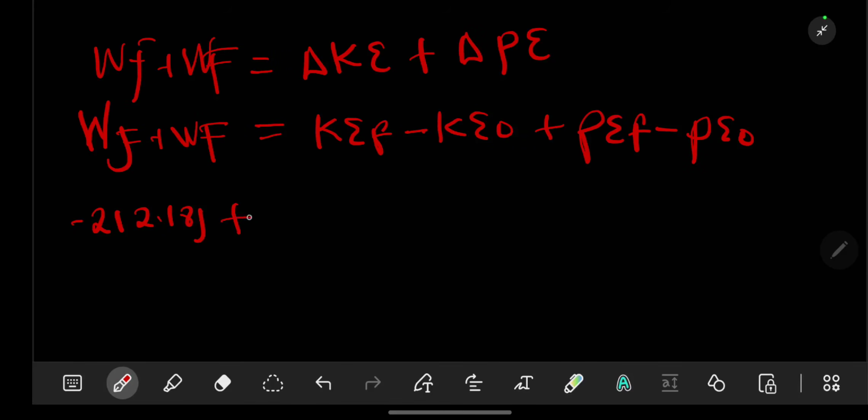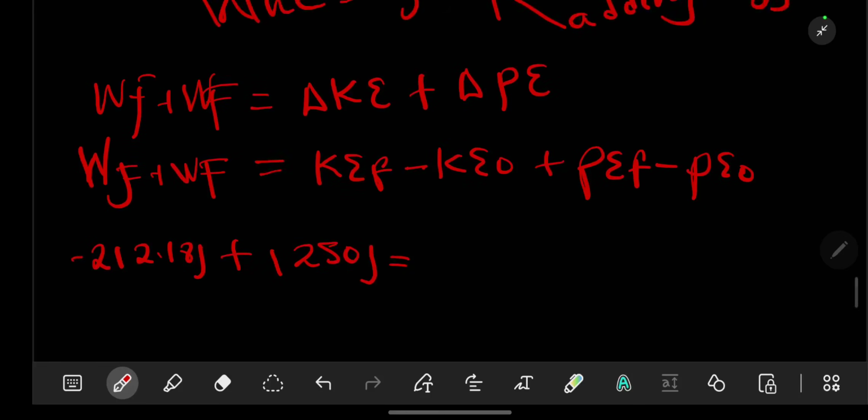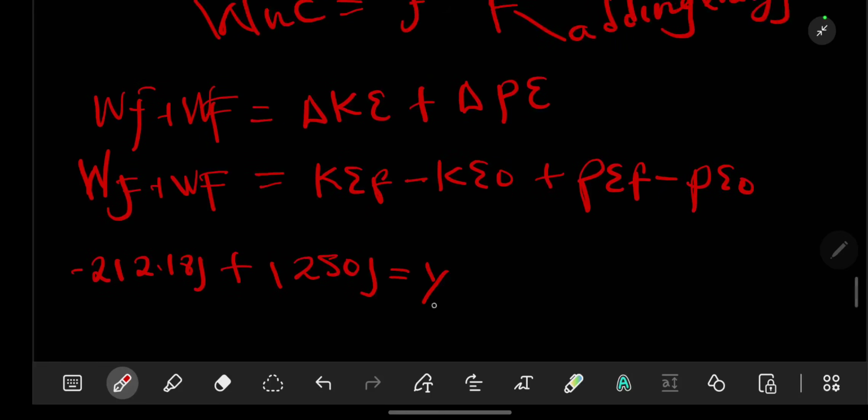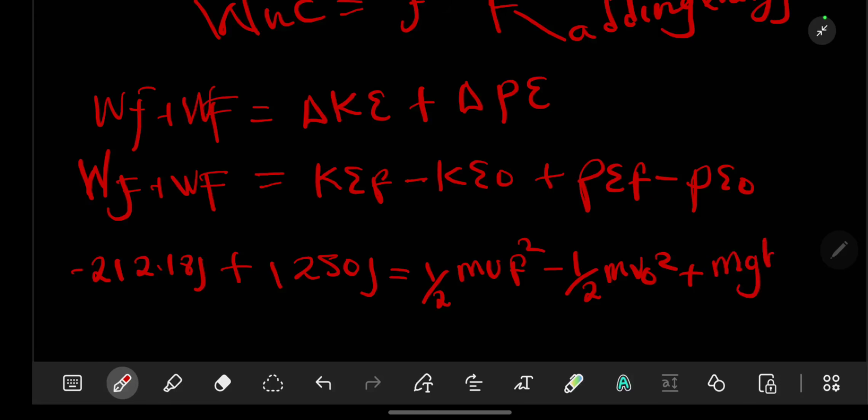Then we have plus the force applied, which is 1250 joules, should be equal to the final kinetic energy, which is given by half mv final squared minus half mv initial squared. Then we have plus the final potential energy, which is equal to mgh final.